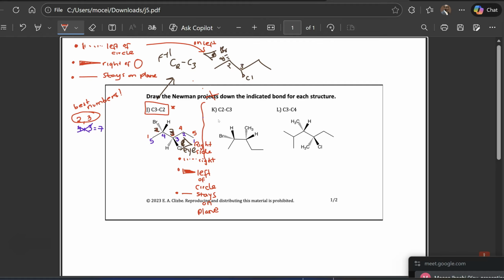Trust me, that's your lifesaver. So the dash is always going to stay on whatever side the eye is. Awesome.